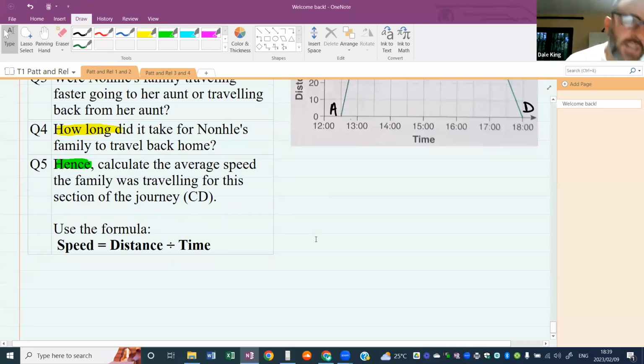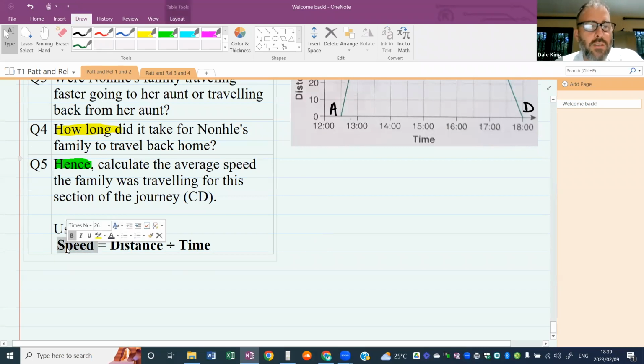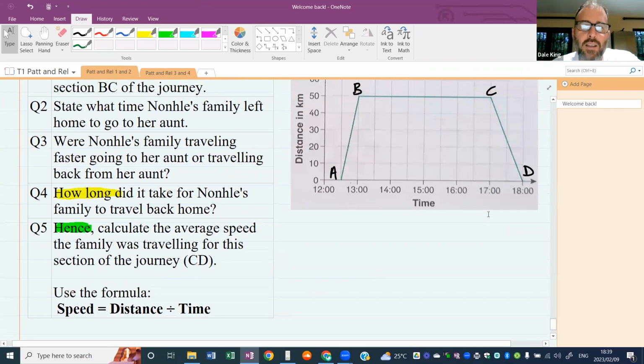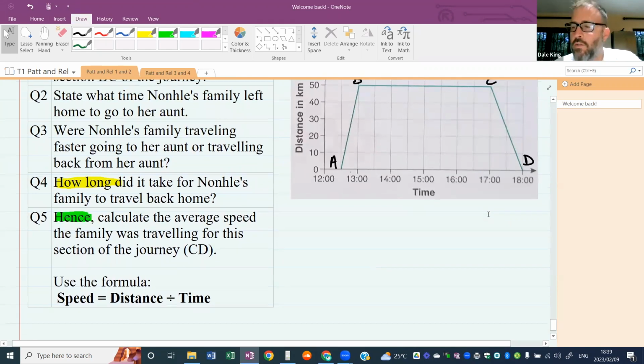All right, so you guys are going to do this. You should have an answer for question 4. I'm going to give you about 4 minutes. You are going to use this formula: speed equals distance divided by time. You're going to work out the speed that this family traveled for section CD of the journey. All right, off you go.